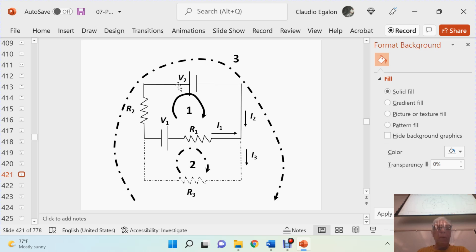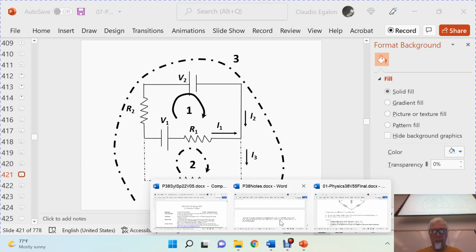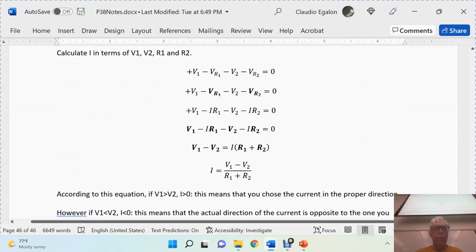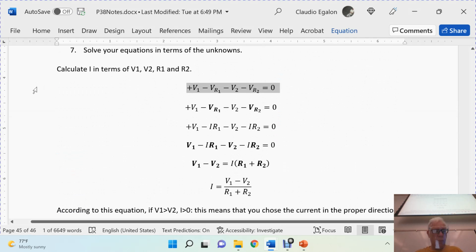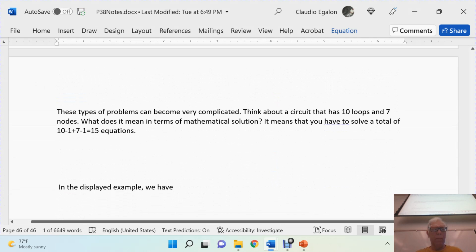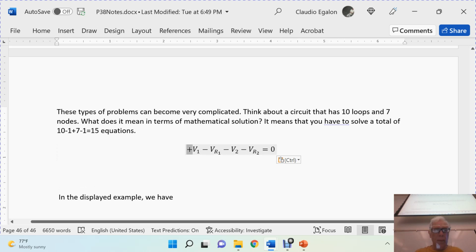We are going from positive potential to negative potential, so we lose electric potential. Let's go there. Solution. Minus V2.